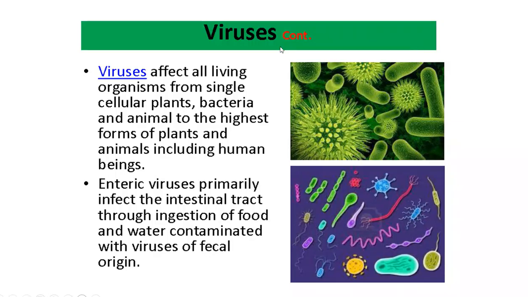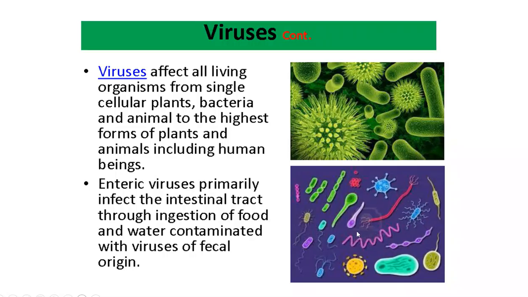What do viruses do? Actually, viruses affect all living organisms, from single-cellular plants, bacteria, and animals to the highest forms of plants and animals, including human beings. You can see the viruses have a variety of shapes.